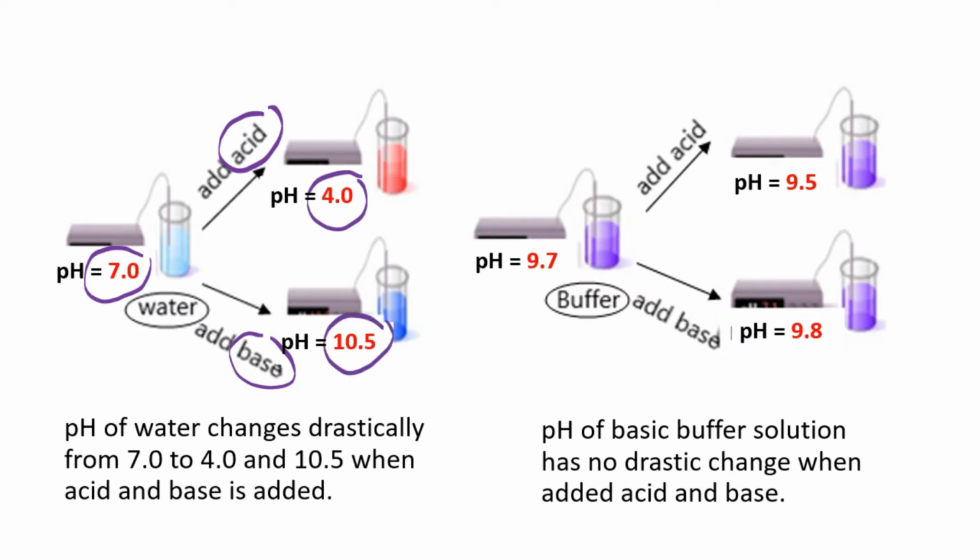However, if we have a basic buffer solution, which has a pH of 9.7, whenever we add a little bit of acid, the pH only decreases slightly to 9.5, or when we add some base, the pH would increase slightly to 9.8.